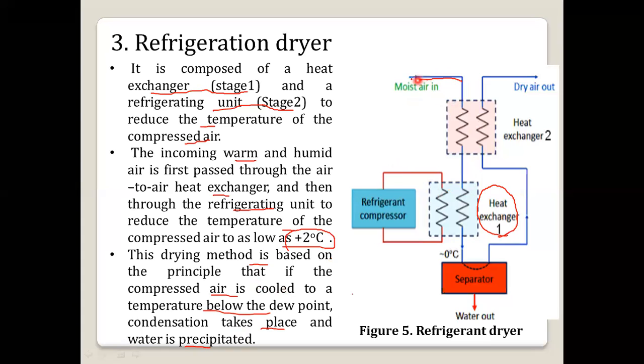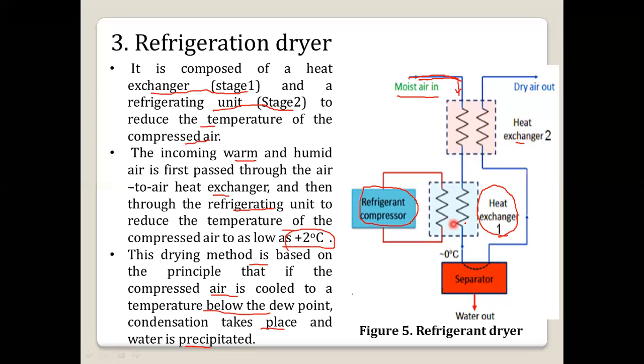Here we can see the moist air getting in from this side. It will go to heat exchanger 2 and then to heat exchanger 1. Here we are using the refrigerant compressor, and heat exchanger 2 is the air to air heat exchanger.